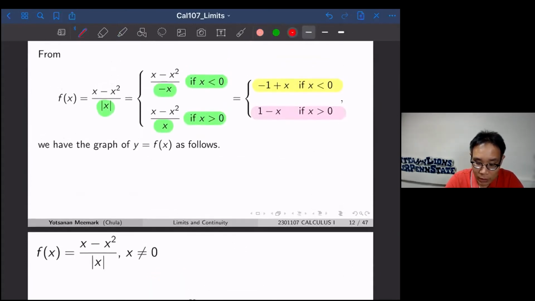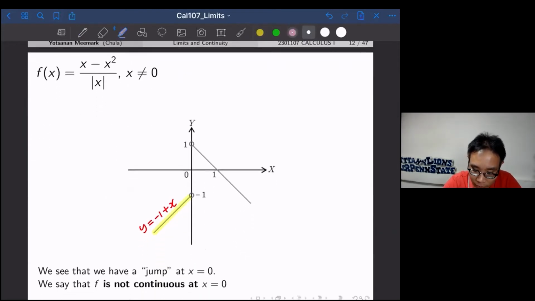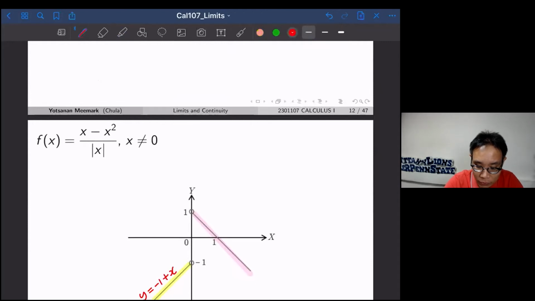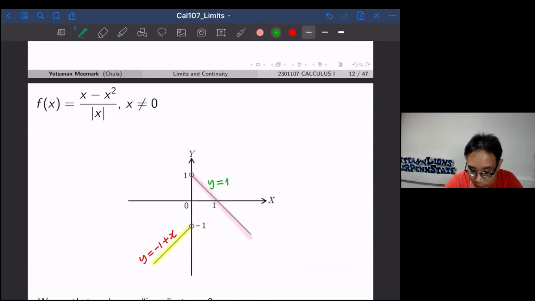And the pink one turns out to be when x is more than 0, like this, and this is y equal to 1. So this is how we do the graph of the function.